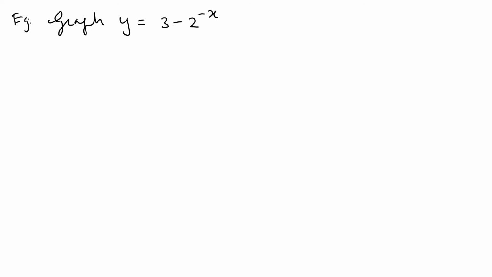We're going to do this as before, step by step. We're going to graph this using y = 2^(-x), which we know, one of the basic graphs. So first y = 2^(-x), then y = -2^(-x), and then finally we're going to get y = 3 - 2^(-x). We're going to go step by step.